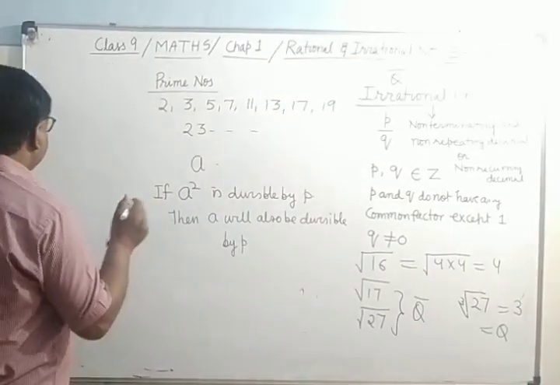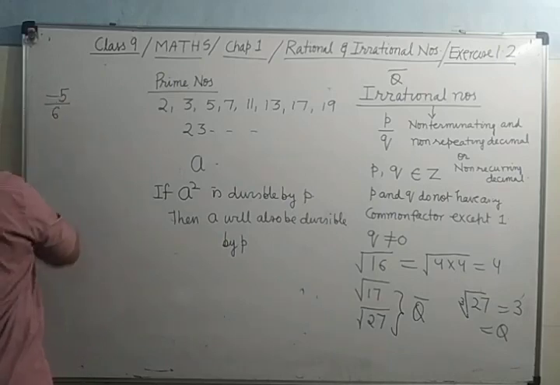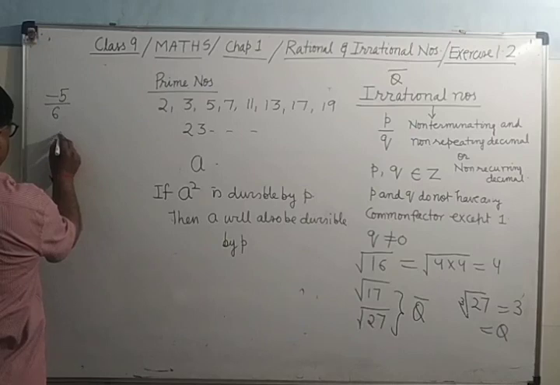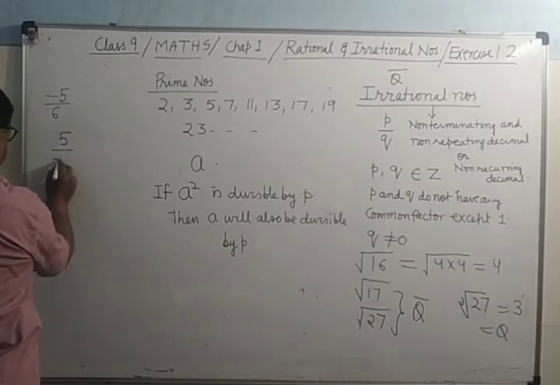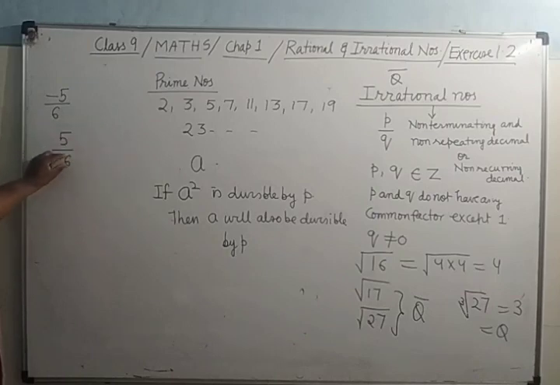Here is one thing I want to tell you. Suppose this is written minus 5 upon 6. It is a rational number. If you ignore the sign, 5 and 6 both are natural numbers.